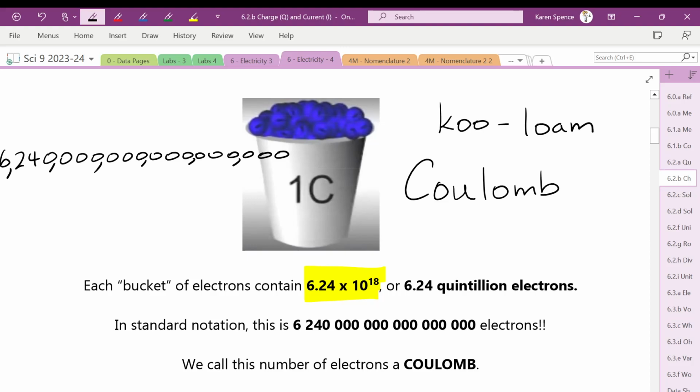Coulomb. And that's because a French scientist did a lot of work with charges and electricity, and his name was Coulomb. That was his last name. And we can abbreviate Coulomb.